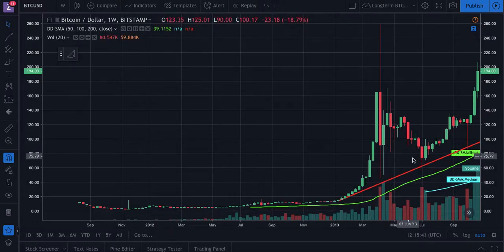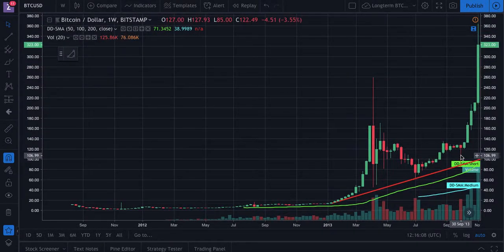So we hit this trend once, and there is another touch on it here. From here till the third touch, it's around 9 months, I think January 2013 till September 2013. So 9 months, and this is before it went parabolic.